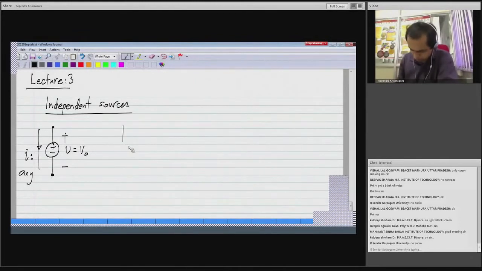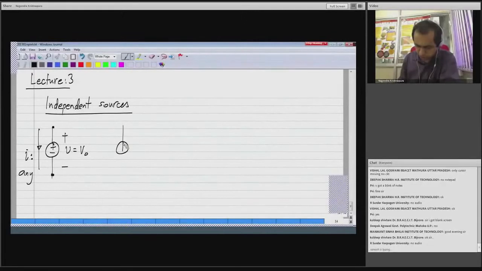And the independent current source will maintain a current flow of given value through itself, and the voltage across it can be anything.